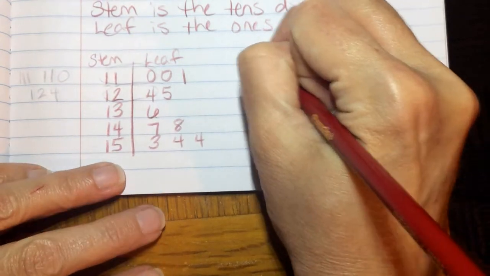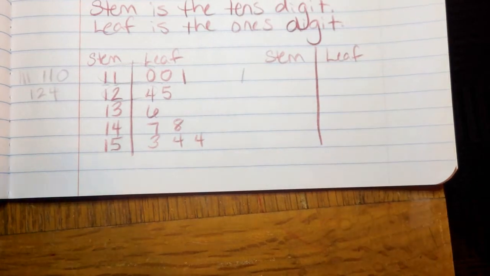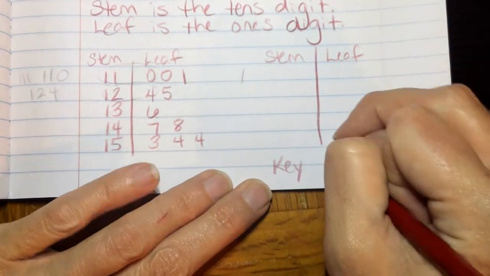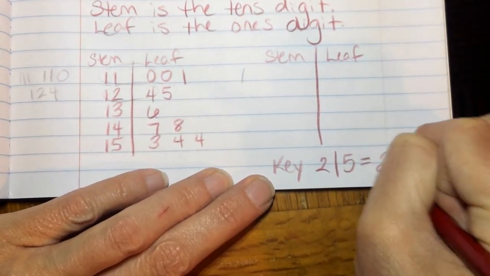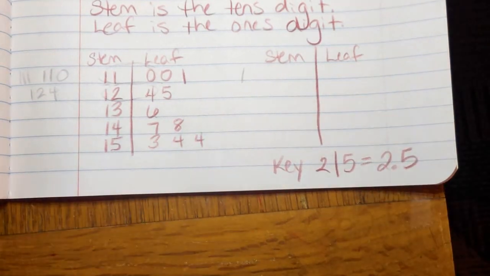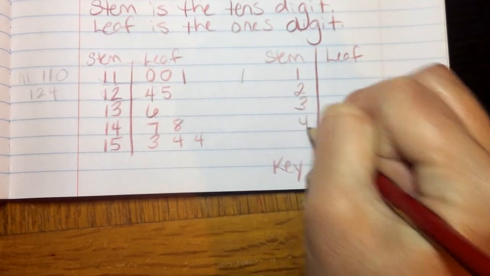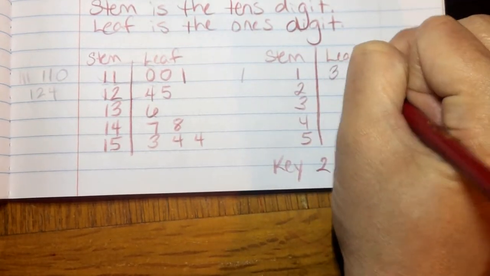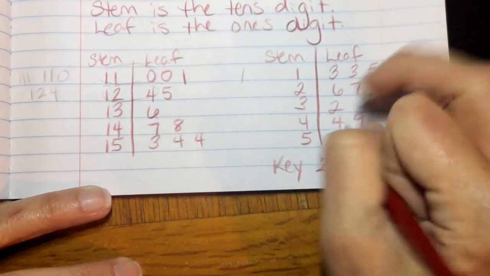You could also have a stem and leaf where the key could tell you that 2 line 5 equals 2.5. In that case, the stem is actually the ones place, 1, 2, 3, 4, 5, and the leaf is actually the tenths place: 3, 3, 5, 6, 7, 2, 4, 9, 8.